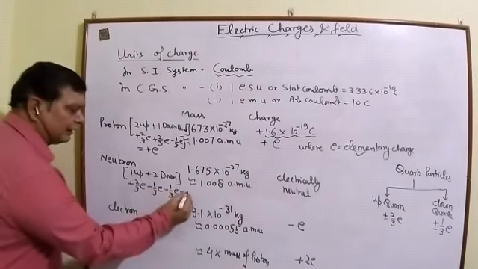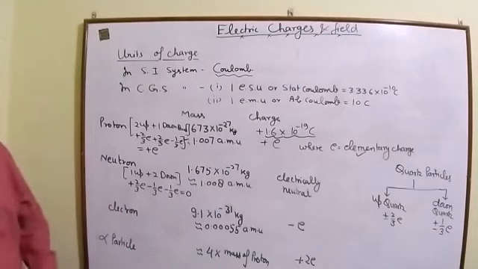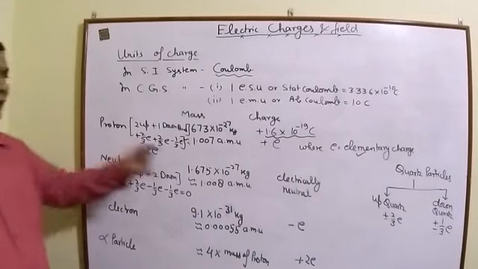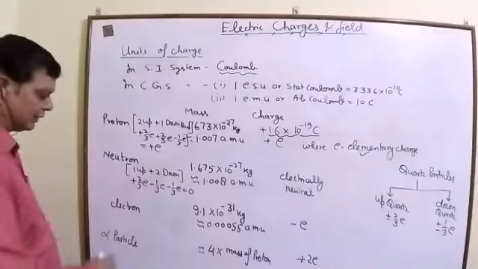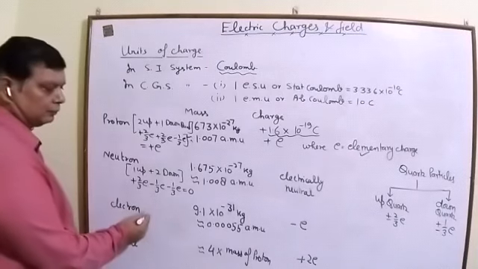That is why the net charge on the neutron is 0. And hence we say the neutron is electrically neutral.